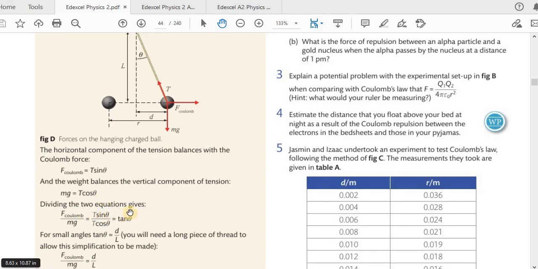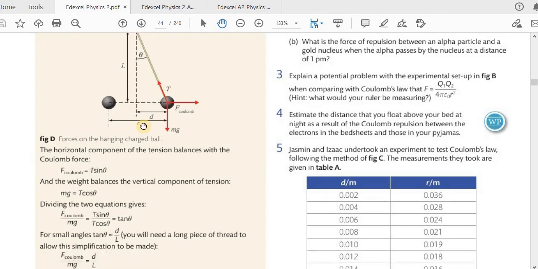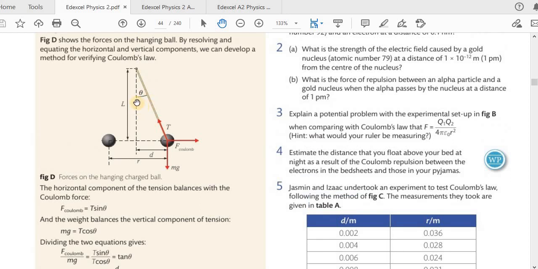Dividing the two equations, so this divided by that, you can see it gives tan theta, because sine over cosine is tan. T cancels, so we get this. For small angles, tan theta equals d over L. You have learned trigonometry. Tan is what?